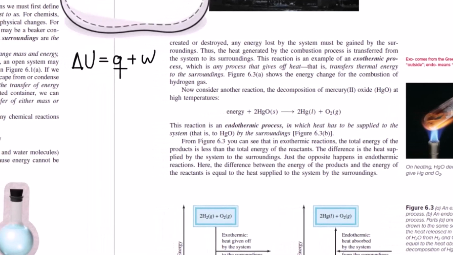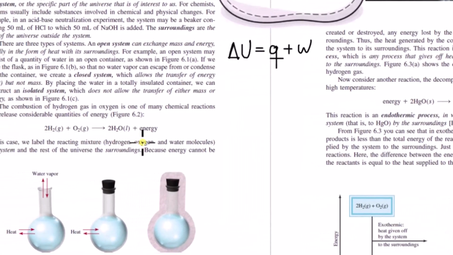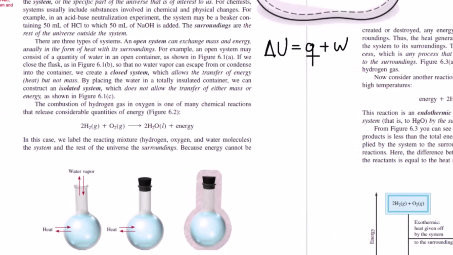All right, so let's think about exactly what they're saying here. We've got this reaction, the combustion of hydrogen gas and oxygen to produce H2O. But again, they're saying that as this reaction takes place, a considerable amount of energy is released in the process. And really, they're specifically referring to thermal energy.